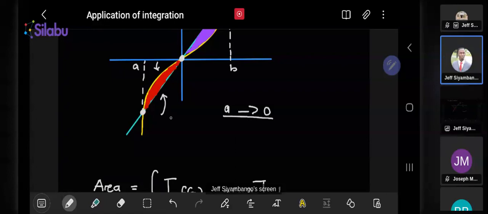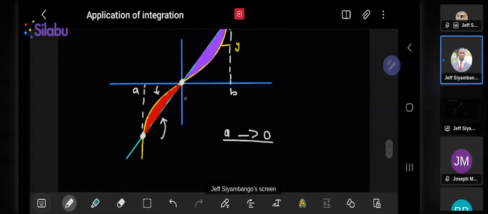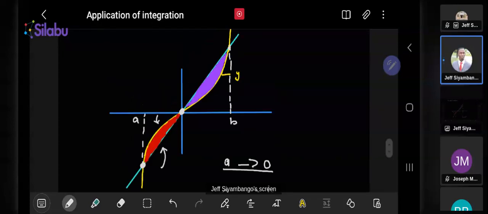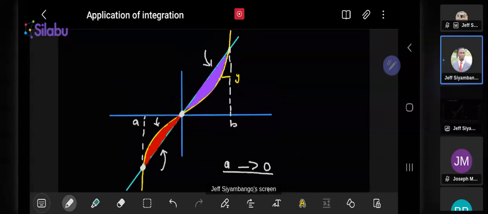But observe what happens on the other side. When you now move from 0 to B, the boundaries have swapped. The one which was the upper boundary is now the opposite. The upper boundary is now g of x, and the lower boundary is now f of x. So try to see that this is actually what happens there.